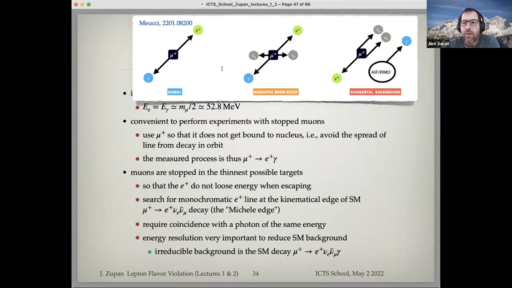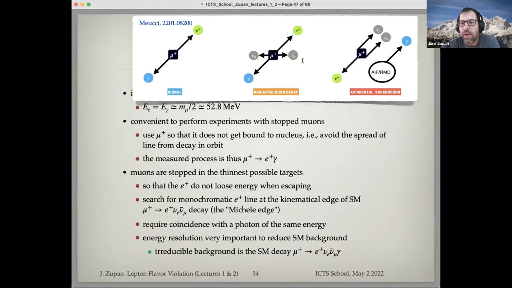Now, what are the backgrounds? Well, there's an unavoidable one, which is the radiative muon decay. The usual tree-level decay is going to be mu plus goes to e plus, neutrino e, anti-neutrino mu. If you emit an extra photon, that looks pretty similar to the signal, except that you have these extra neutrinos that escape the detector.